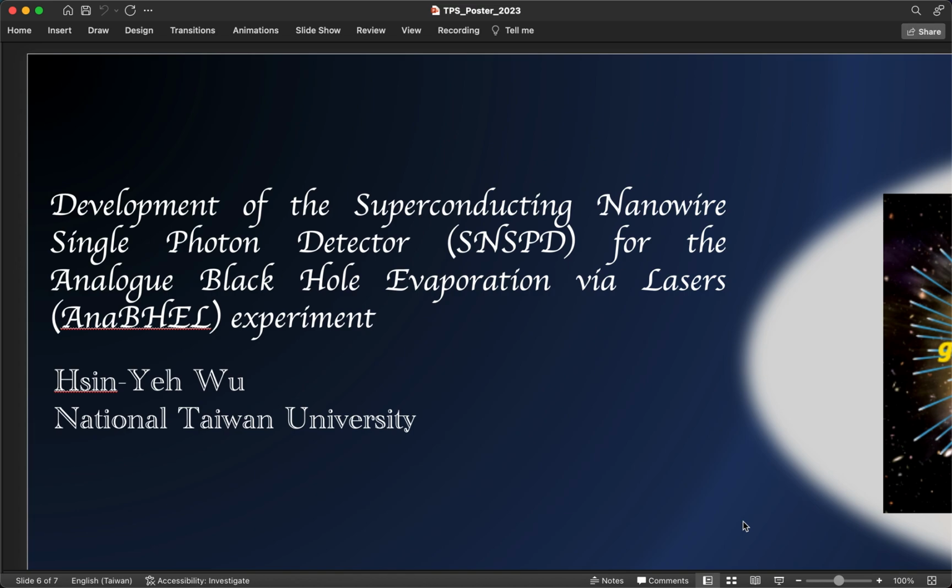Around the black hole there's the probability of photon pairs evaporating from vacuum, and one of the photons would be trapped by the black hole, and the other photon would escape and radiate away, which we now call the Hawking radiation.